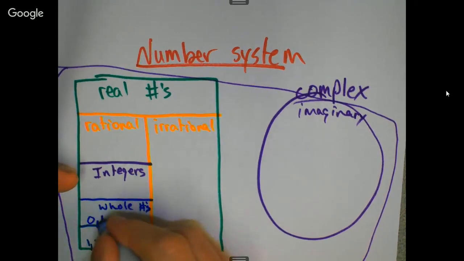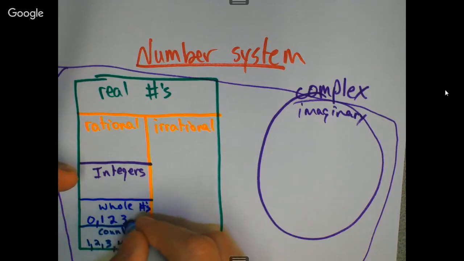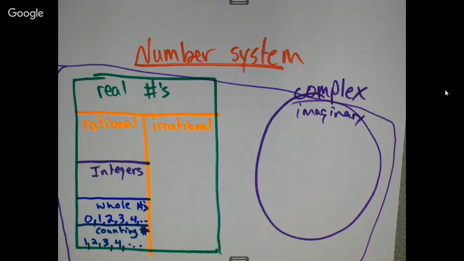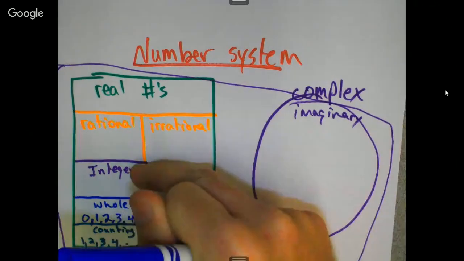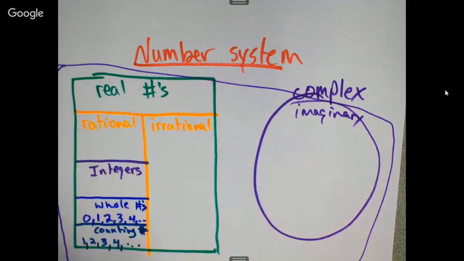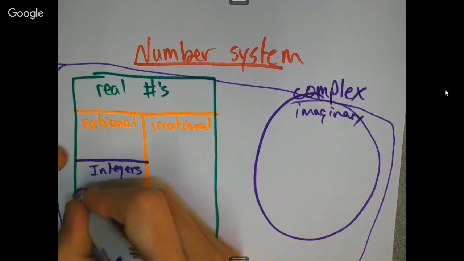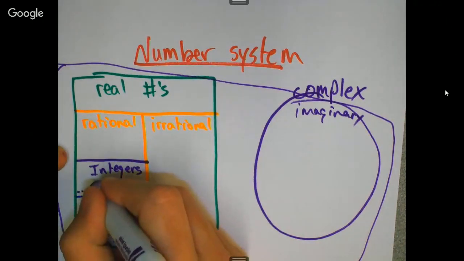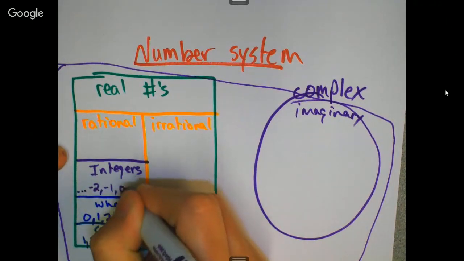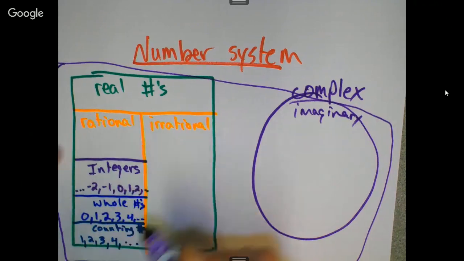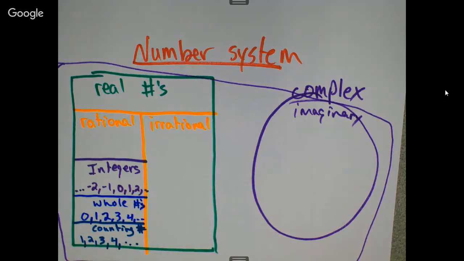So 1, 2, 3, 4, and all the way up. Okay. Integers. Okay, integers will be positive and negative whole numbers. So for an integer, we would say they start at negative infinity, so negative 2, negative 1, 0, 1, 2, and on up.